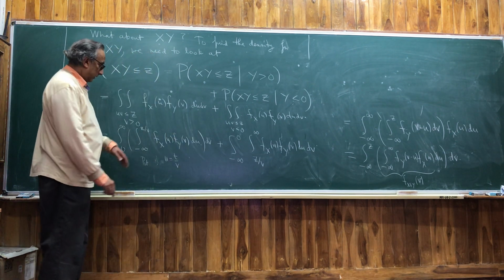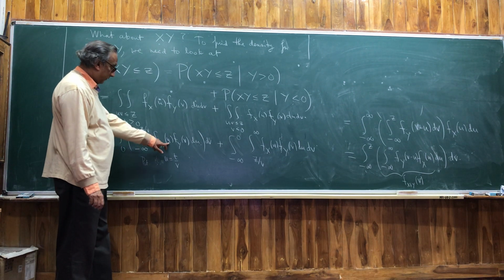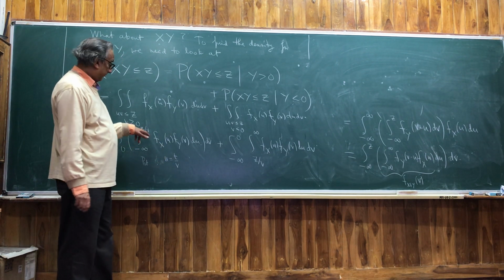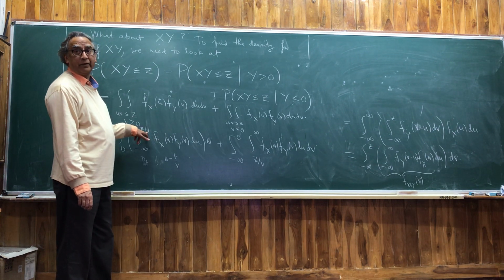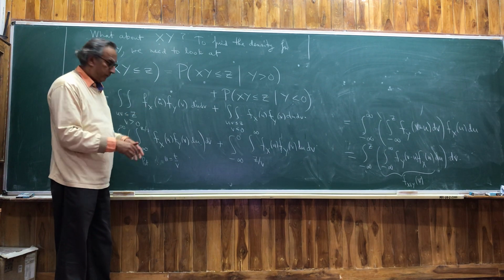Then I see that since u has to go up to z over v, t is now going up to z. I just want to get rid of the v in this thing. The motivation is you want to write it as something independent of the variables you're integrating over, right?